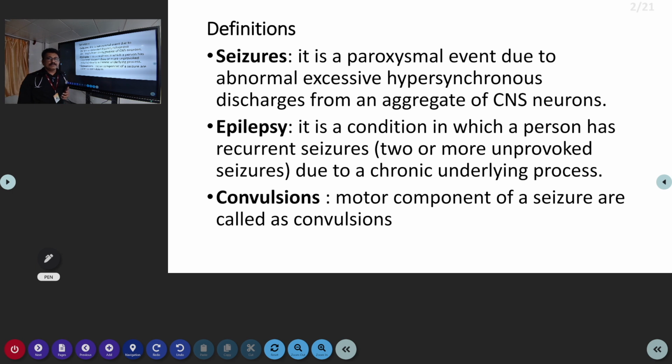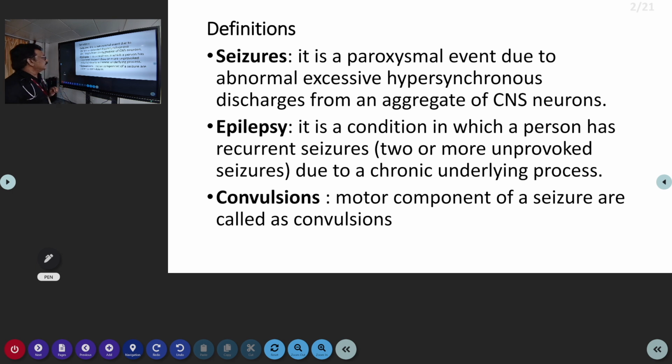So various activities can occur due to this hypersynchronized or excessive neuronal discharge. So a seizure is paroxysmal, that means an acute event, due to abnormal and excessive, hypersynchronized discharges from an aggregate of CNS neurons. So increased electrical activity or electrical discharge from one focus of the brain produces a seizure.